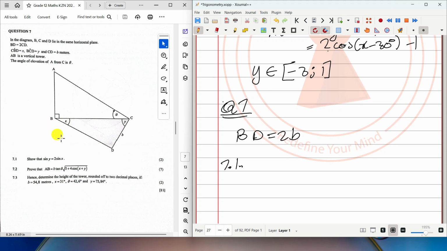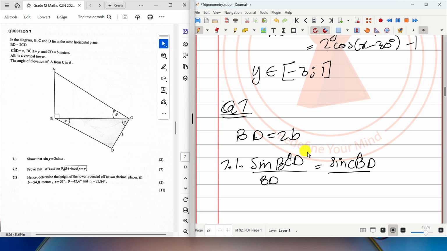So what we're going to do is this. They say sine y, so we're going to say sine angle BCD over the side opposite it, BD, is equal to sine angle CBD over the side opposite it, CD.